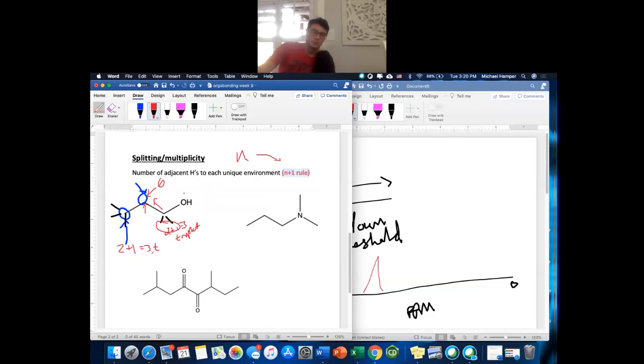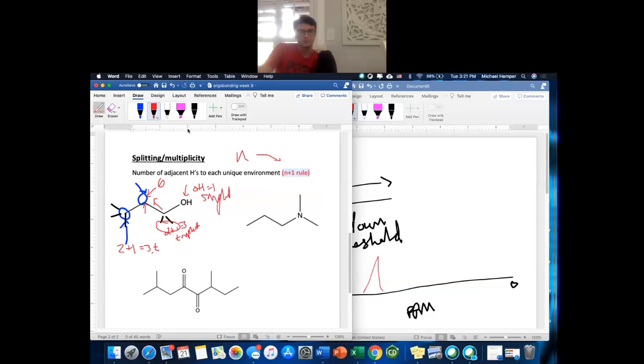The NMR won't split through halogens or other heteroatoms. So this neighboring hydrogen is off by itself. If it doesn't have any neighboring hydrogens, 0 plus 1 is 1, and that's a singlet.